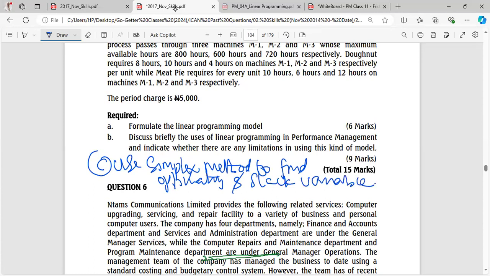So I will now teach you how to use the simplex method to get to the optimal solution and to get the slack immediately.